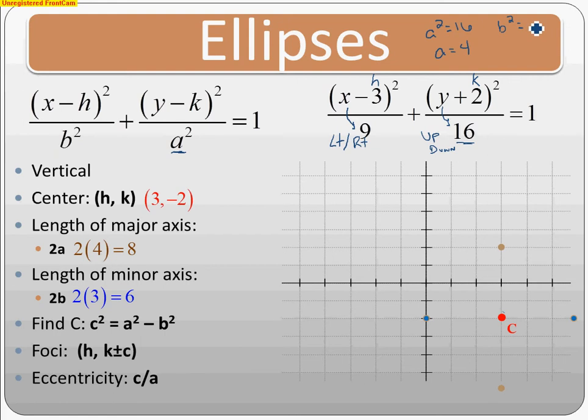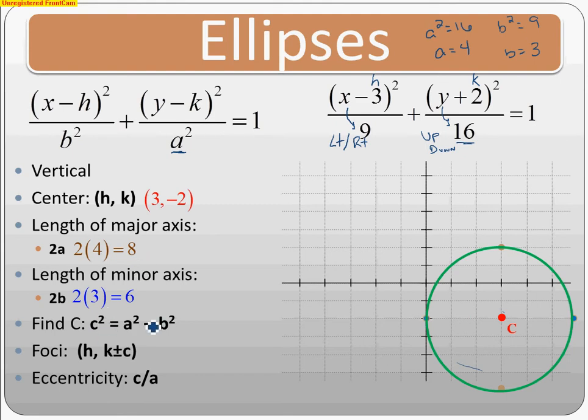B squared is equal to 9, therefore B has got to be 3. All right, so that's how far we move up and down, left and right, and length of the major axis, 2 times 4. That's 8, or again, you can count from this endpoint to this endpoint, and you see 8. We make our ellipse. Okay.